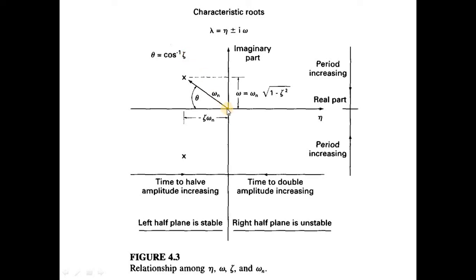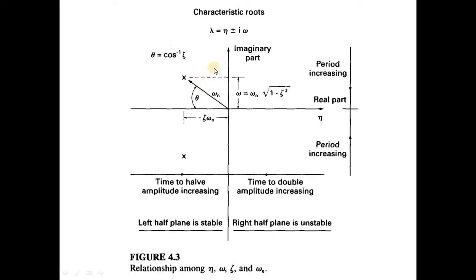So if you just decide to increase the imaginary part because you want higher natural frequency and a faster response, your theta will be huge, and if it's huge, your damping ratio will be small, and you may have a problem.